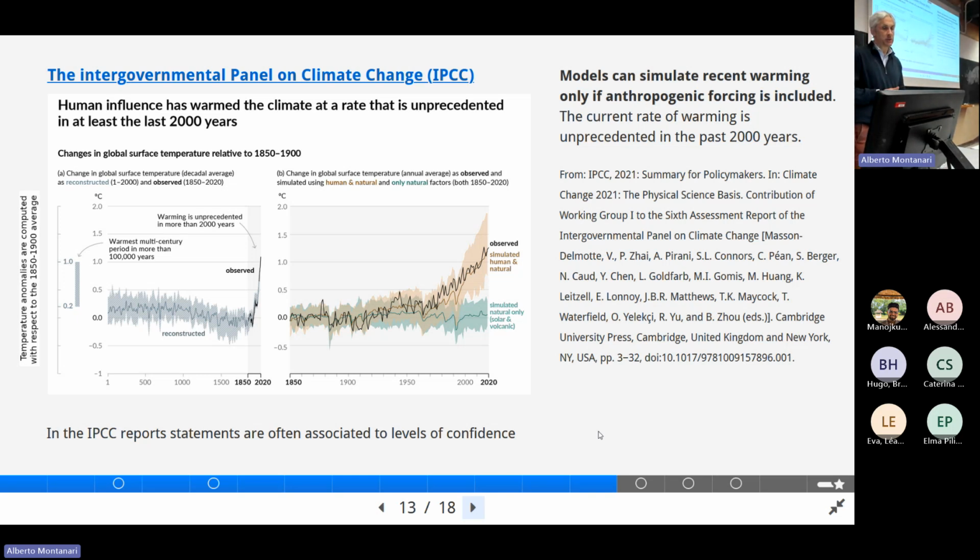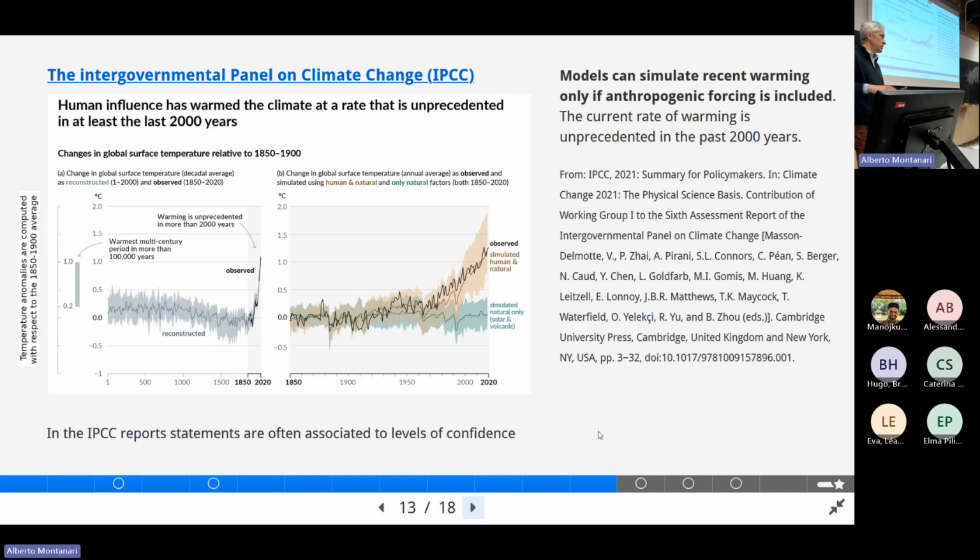And the idea was to create an intergovernmental organization of the United Nations, which was tasked with the mission of improving our understanding of the climate system. And this panel is the Intergovernmental Panel on Climate Change, usually indicated with the acronym IPCC.